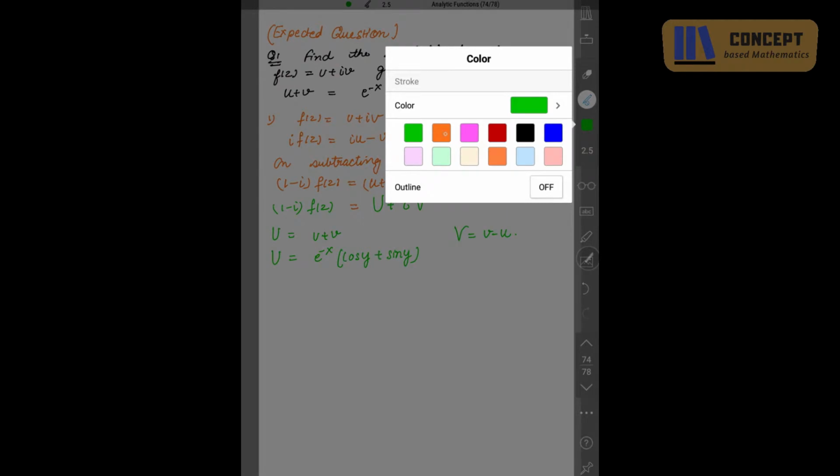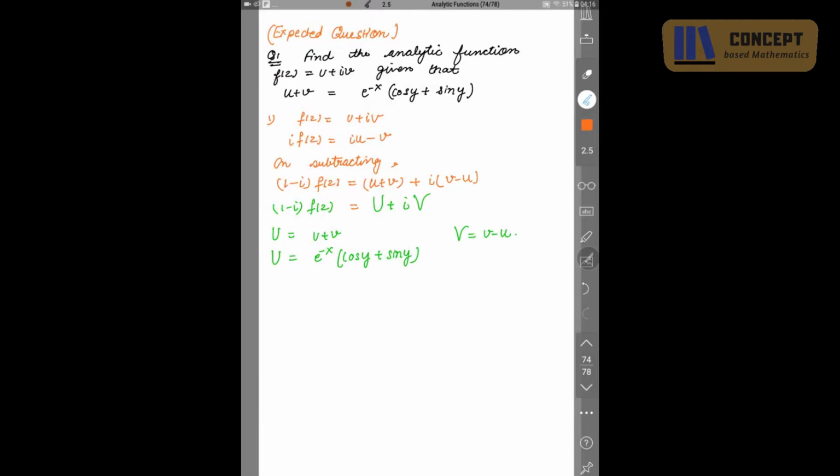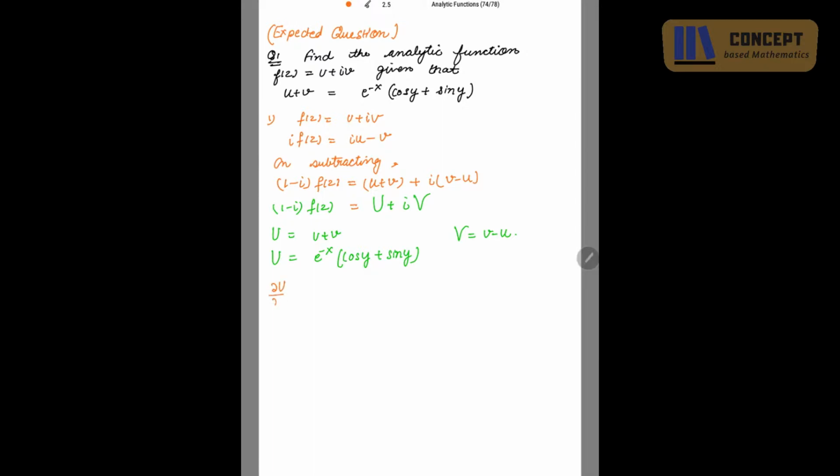So let's start. Let's check whether this U is a harmonic function or not. For that, differentiating U with respect to x, this is minus e to the power minus x times (cos y plus sin y). Then again differentiate, this is e to the power minus x times (cos y plus sin y).